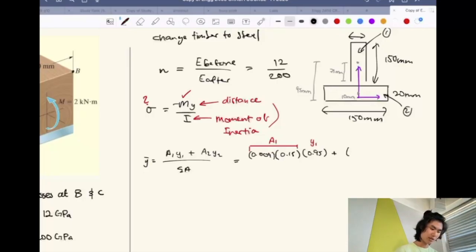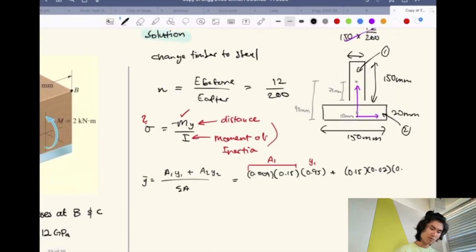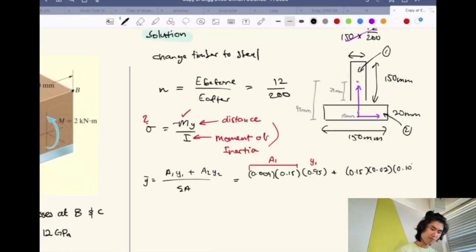This is your a2, 0.10, 0.01, yeah, and that's your y2. Okay, and then your total area is 0.009, 0.15 plus 0.15, 0.02.